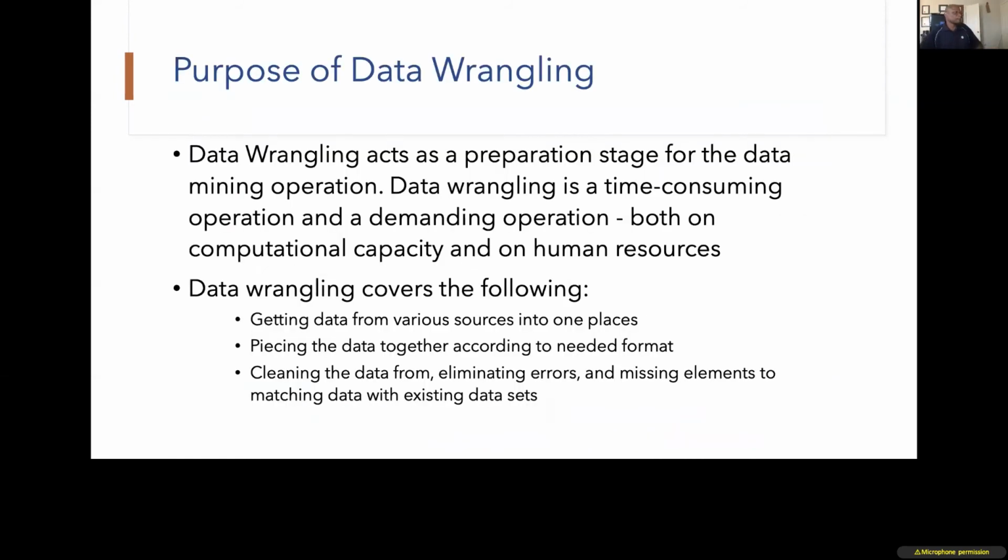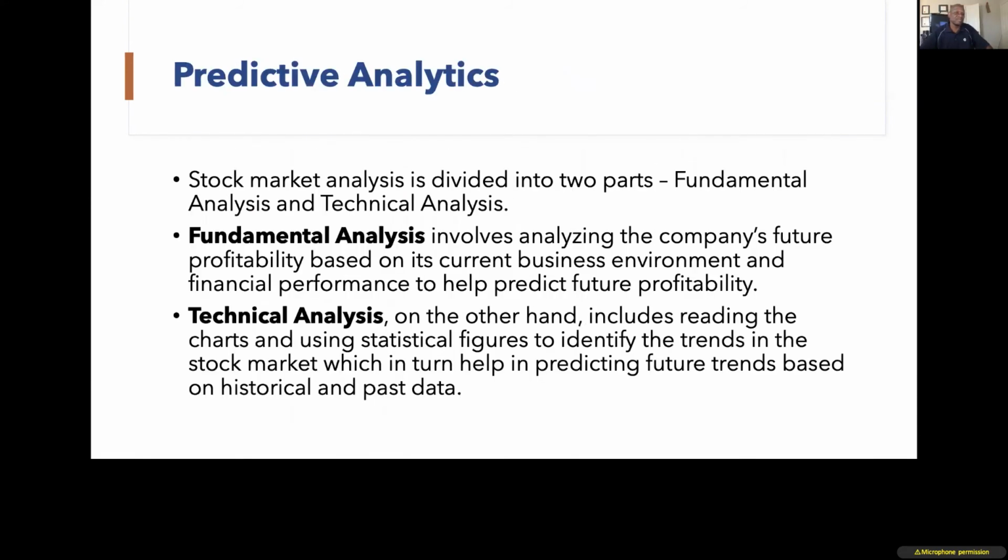Once we do the data wrangling, we did the cleaning, getting the data from various sources, piecing them together, cleaning them. You want to keep them all together, eliminating the errors, missing elements, and all that. That's still part of the data wrangling, and it takes up to 70 or 80% of your time.